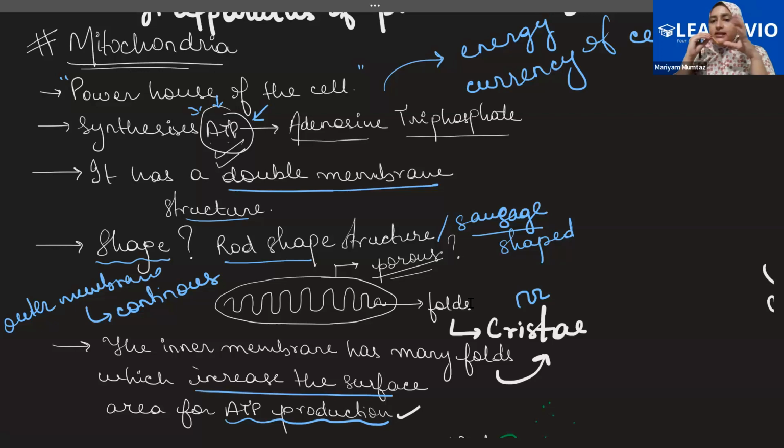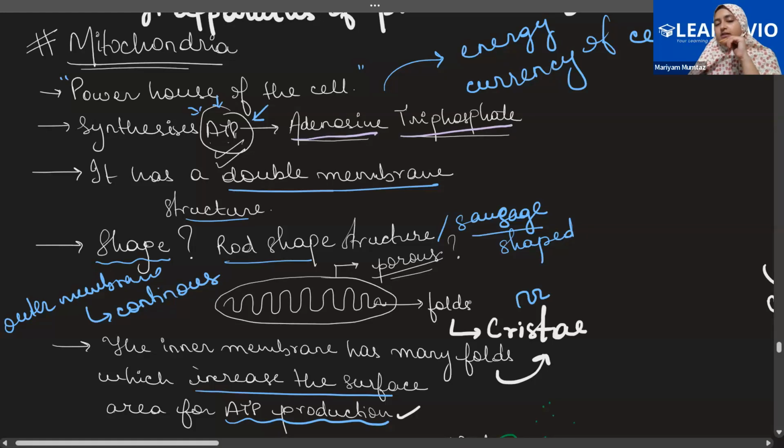Now the reason comes, why do we call it the powerhouse of the cell? Why not something else? Because it synthesizes ATP, that is adenosine triphosphate.